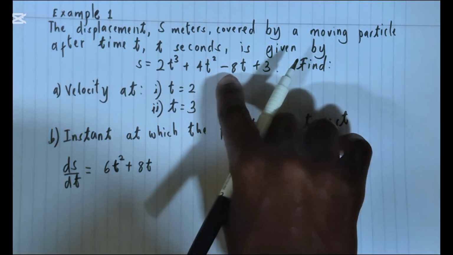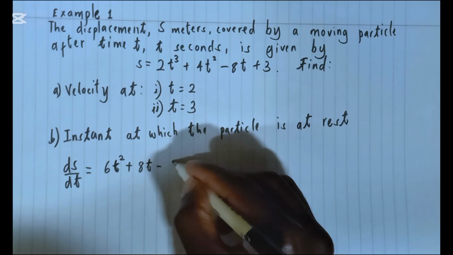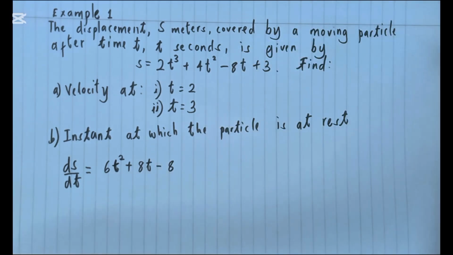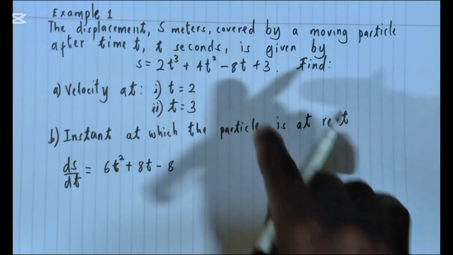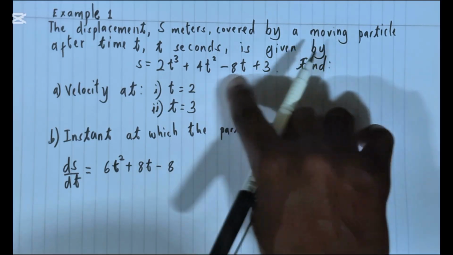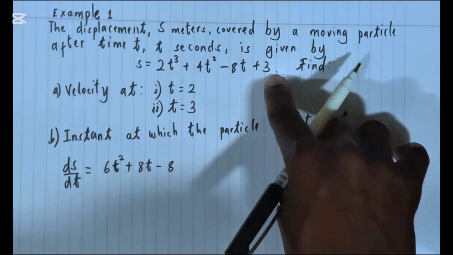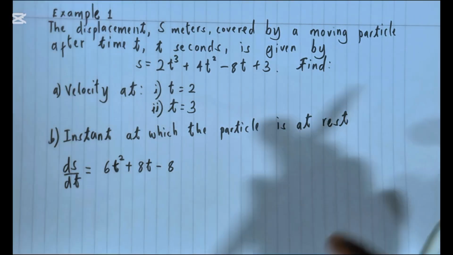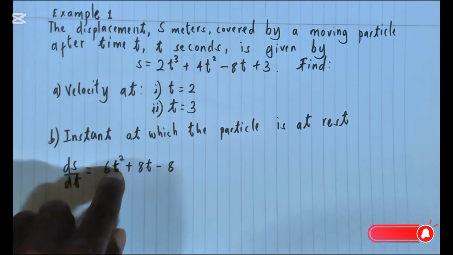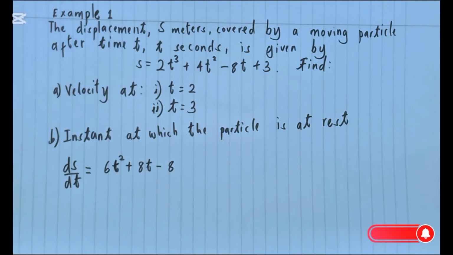Then we have 1 times negative 8, which is negative 8, since 1 minus 1 gives 0, and any number raised to 0, that is t raised to 0, gives 1. And anytime we find the derivative of a constant, we always get 0. So basically, 6t squared plus 8t minus 8 is our velocity function.